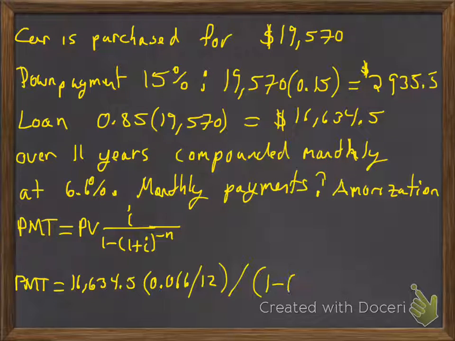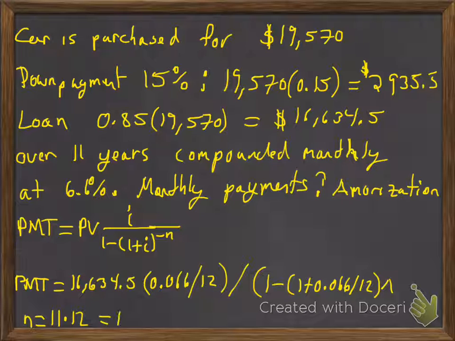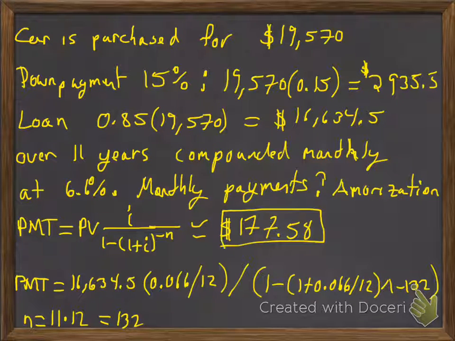So parentheses 1, and then parentheses 1 plus interest rate per period divided by 12, and then that's going to be raised to the 132. So that's the total number of compounds. Okay, and that's going to give us monthly payments of about $177.58.